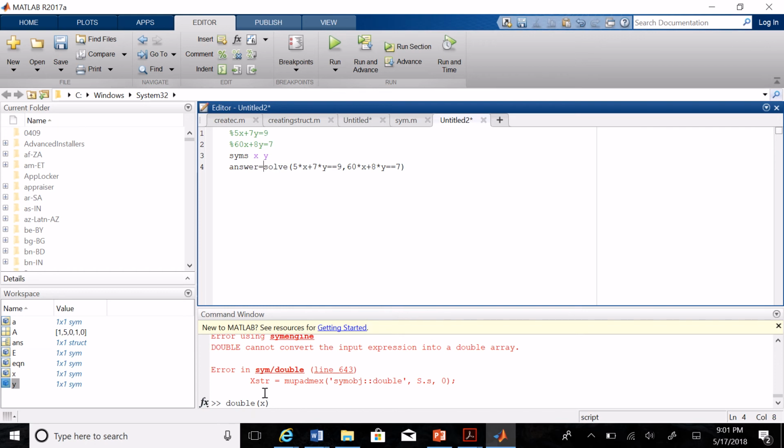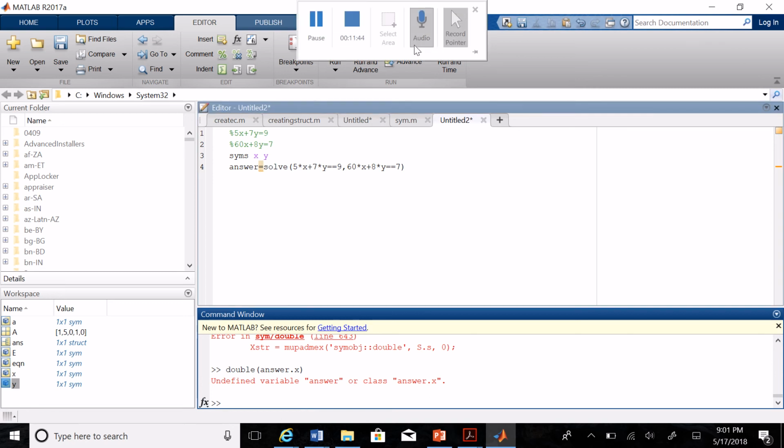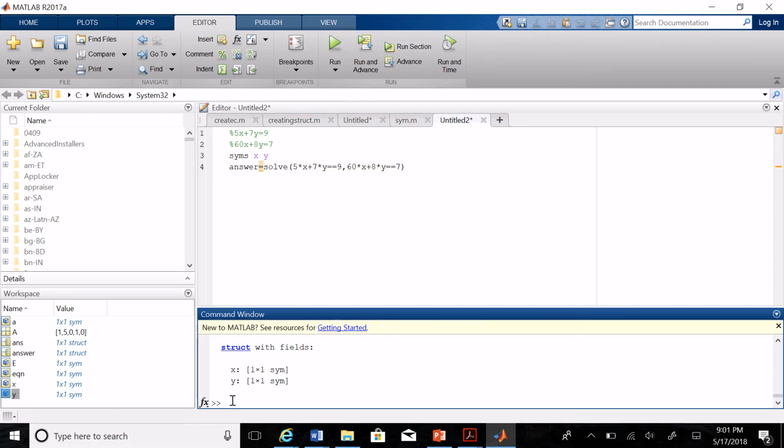Okay, so if I put this in answer equal to that, it's a structure, right? So answer dot x, run section. Now it worked.